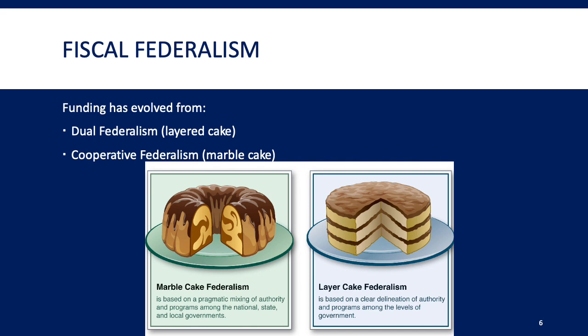Okay, so we've separated and we've made a clear distinction of who has which powers. Then we have cooperative federalism, right? Our marble cake, it's all mixed up. We have states and national government sharing powers and responsibilities. So, for example, we could have education, right, as an example. Federal standards are established, but states have authority to carry them out, right? So, we'll talk about that a little bit later.